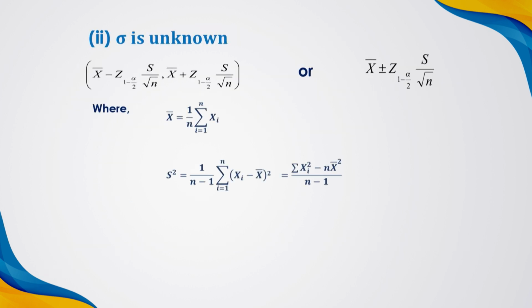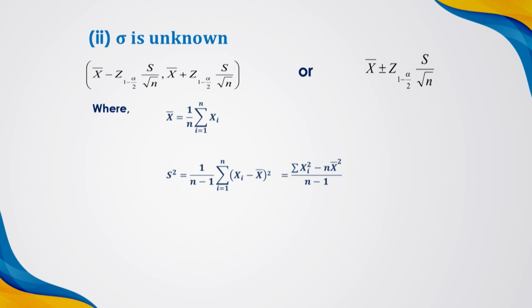When sigma is unknown, in the formula sigma is replaced by capital S. As a result, the lower limit is x bar minus z of 1 minus alpha by 2 into S by root n.